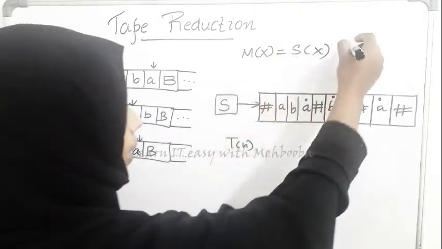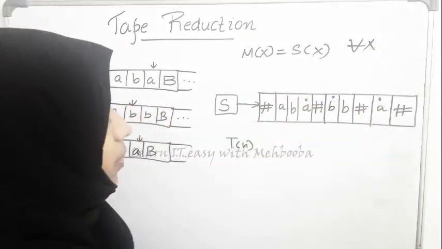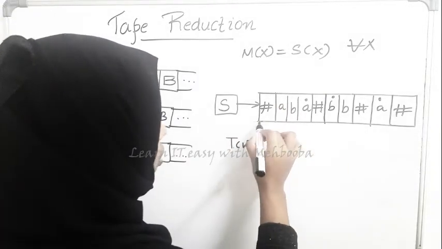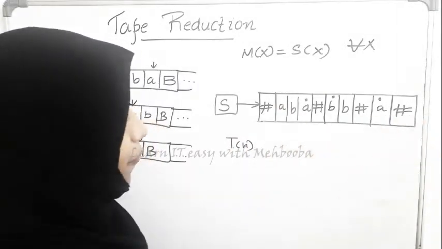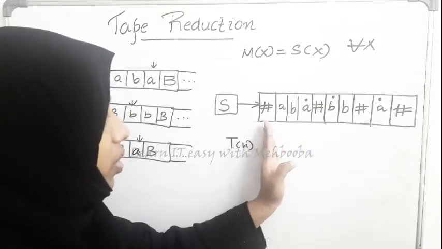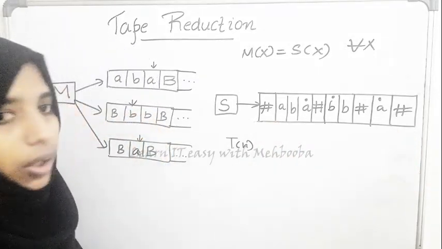Both of them should be working alike for all possible inputs x. Okay, so T of n time will be taken for scanning the input from left to right, because it needs to know all the symbols. So it will start scanning from this hash to this hash, and it will take T of n time.